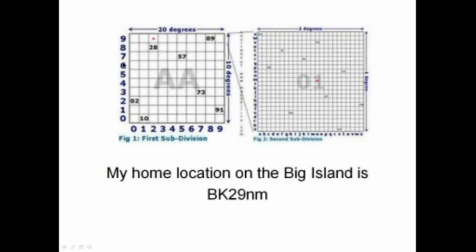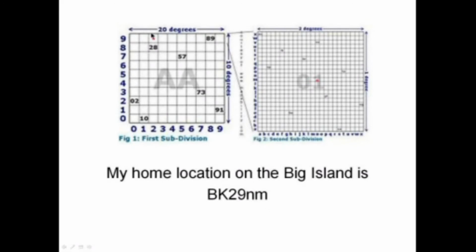If this were Bravo Kilo, we have 100 subgrids. The first subdivision is 100, and then each of those breaks down again into more than 100. It looks like 25 by 25, so what would that be, 625? Anyway, my home on the Big Island is Bravo Kilo, 29, November Mike.